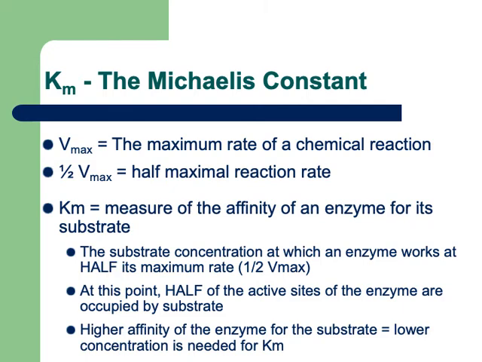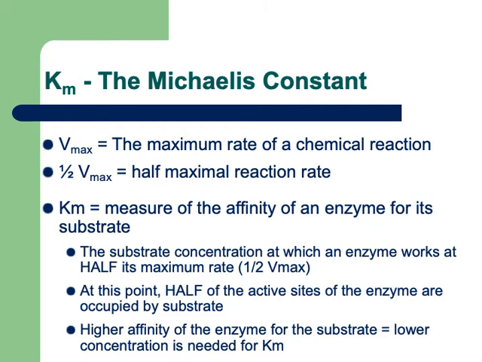Okay, Km is a measure of the affinity of an enzyme for its substrate. So affinity is attractiveness. How attractive is that enzyme for its substrate? So it is the substrate concentration at which an enzyme works at half its maximum rate, or half Vmax.